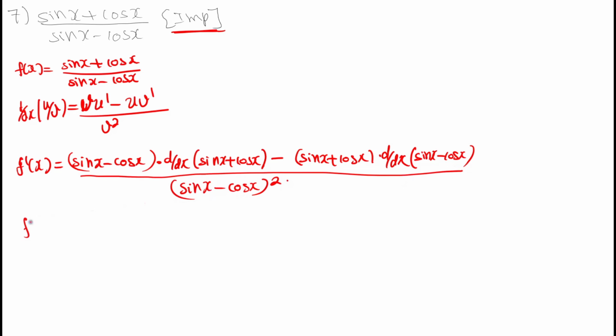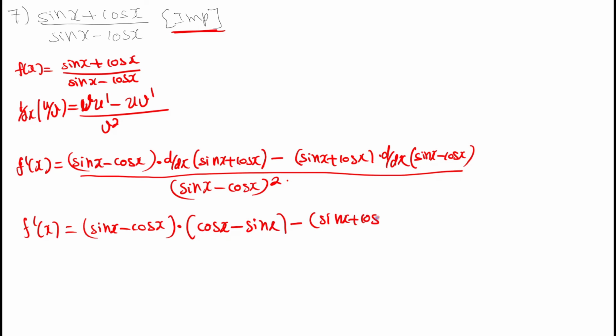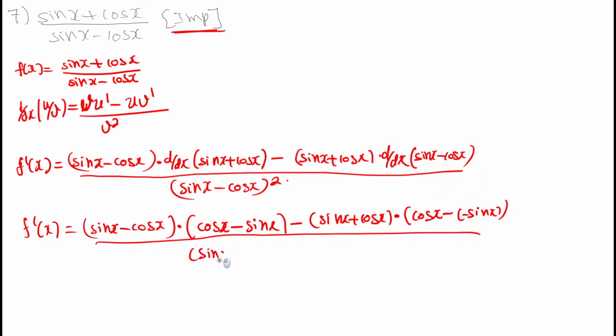So in the next step, f dash of x is equal to sin x minus cos x into, see, derivative of sin x, that is cos x, derivative of cos x is minus sin x, minus sin x plus cos x into, see, derivative of sin x is cos x, then minus derivative of cos x is minus sin x, divided by sin x minus cos x whole square is there.